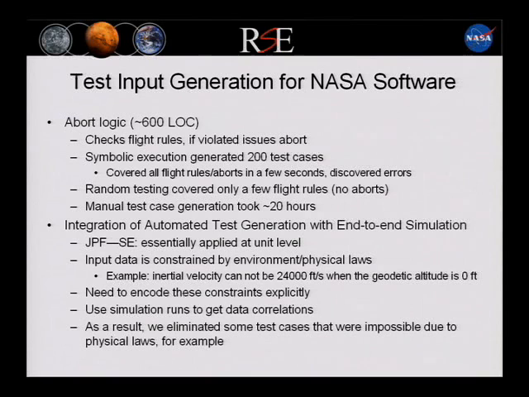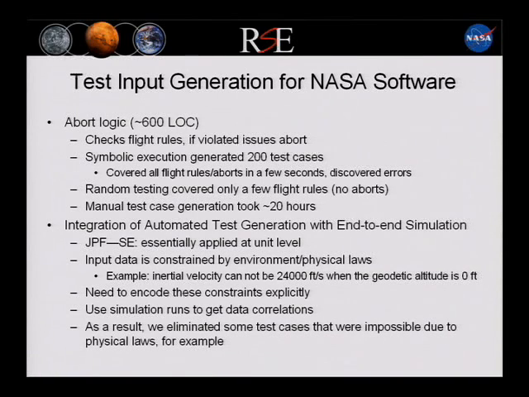I'll go back a bit to that example that I talked about at the beginning that was for test input generation for NASA software. This was an example which I said, although it was not very large, had very complicated conditions. So random testing performed very poorly there.